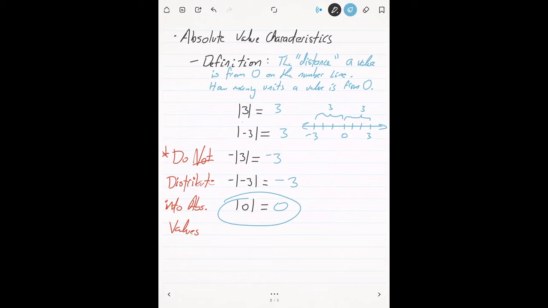Basically, I'm saying I'm thinking of a number that's 0 units away from 0. Well, you would know exactly what that number is, wouldn't you? It's 0. Now, if I said I'm thinking of a number that has an absolute value of 3, I'm thinking of a number that's 3 units away from 0, you wouldn't know if it's 3 or negative 3. You'd have to take a guess. But if I said it's 0 units away from 0, you would know exactly what that number is. That's going to become helpful when we get into solving these equations.